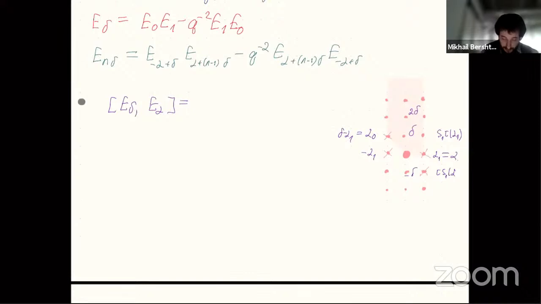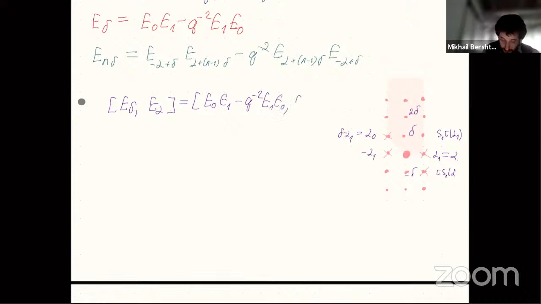This will be computed. Now I just substitute our notations. And E alpha is E1.